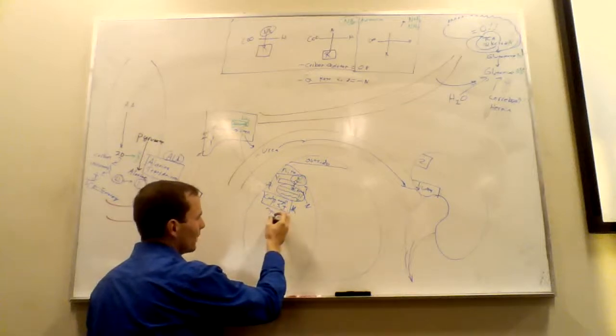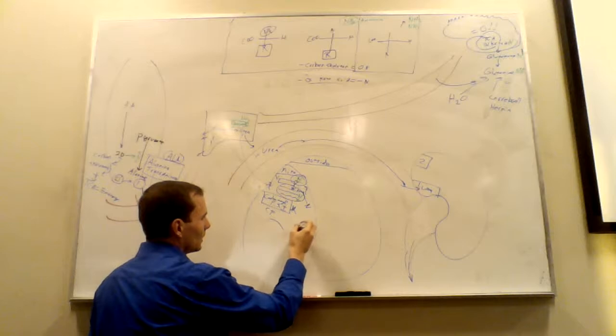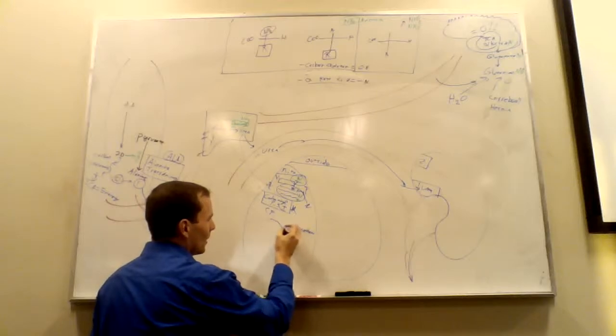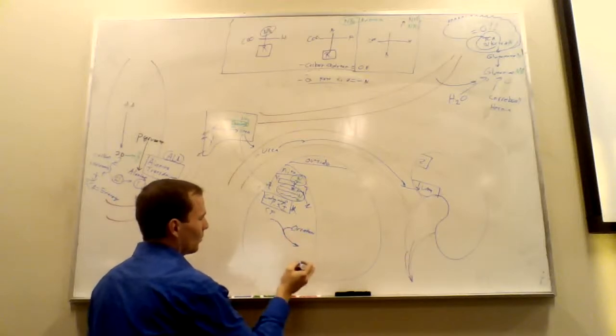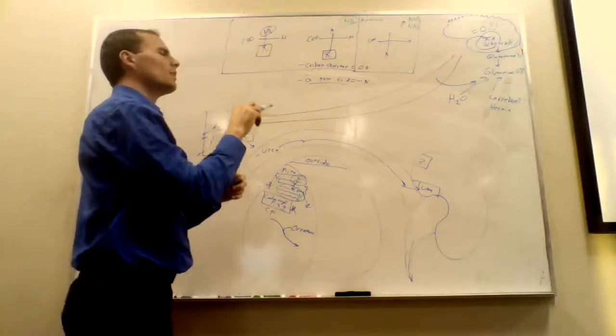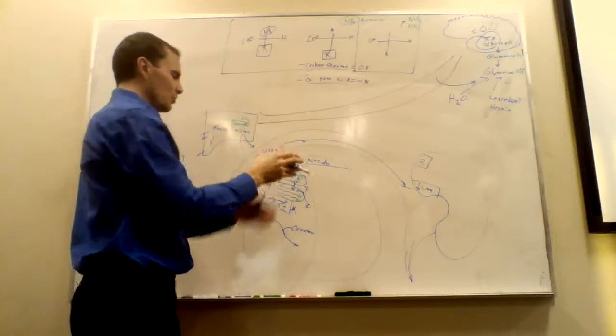But carbamoyl phosphate is going to go ahead and link with ornithine. And then those two together will make citrulline.